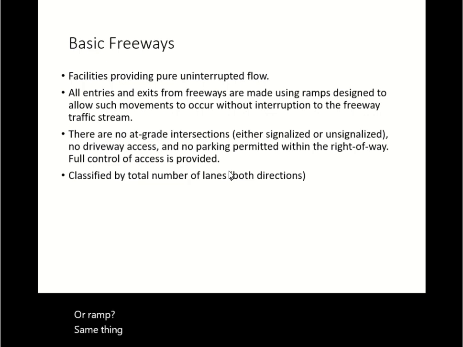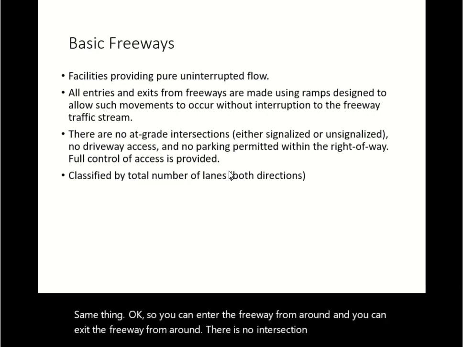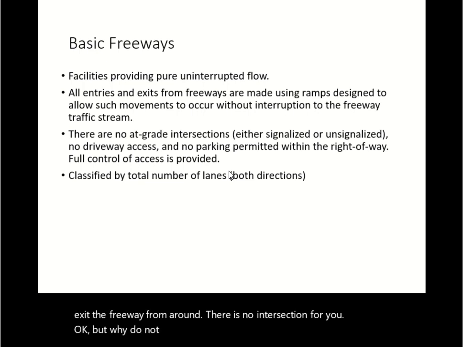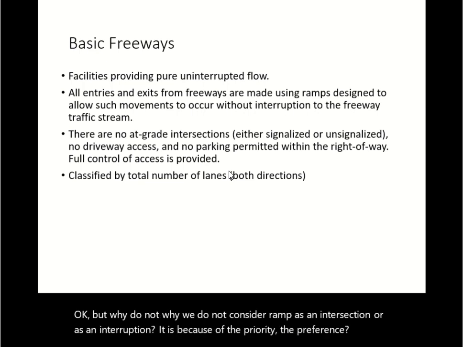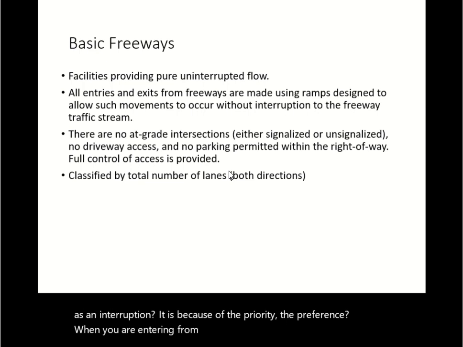You can enter the freeway from a ramp and you can exit the freeway from a ramp. There is no intersection for you. But why do we not consider a ramp as an intersection or as an interruption? It is because of the priority, the preference. When you are entering from the ramp, who has the priority?